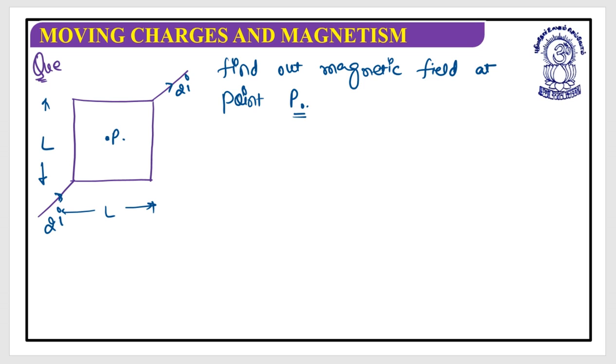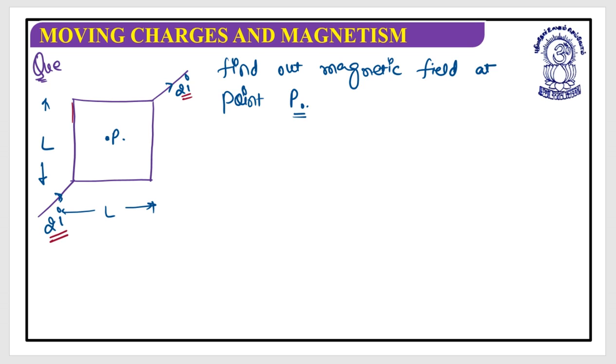How could you do this? What could be done? You need to find out the magnetic field at point P. So first understand that this is the 2I current that is entering the circuit, and this is the 2I current that is leaving the circuit, and this is a square frame and nothing else has been given.